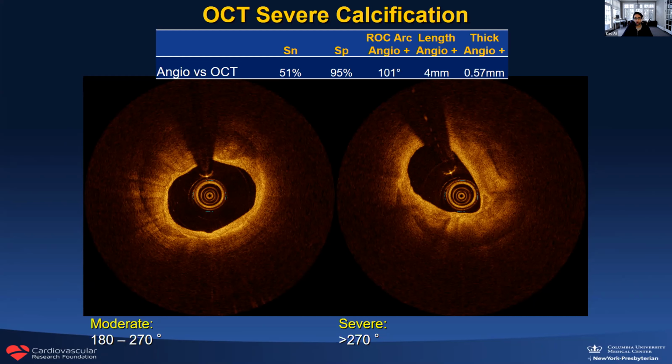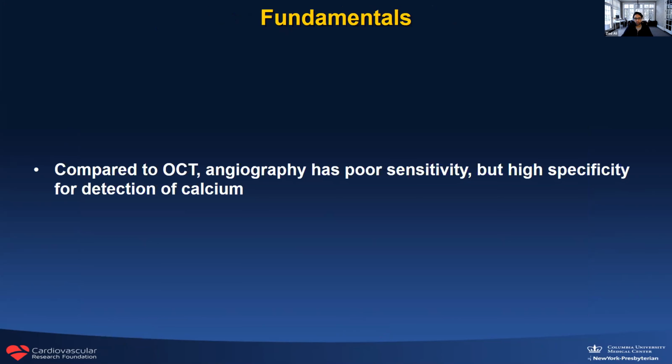When OCT calcification is 101 degrees in arc, 4 millimeters in length, and 0.57 millimeters in thickness, we start to be able to detect it on angio. You'll notice these numbers become very relevant shortly as we talk about scoring systems for plaque modification and calcification. So compared to OCT, angiography has poor sensitivity but high specificity for detection of calcification.